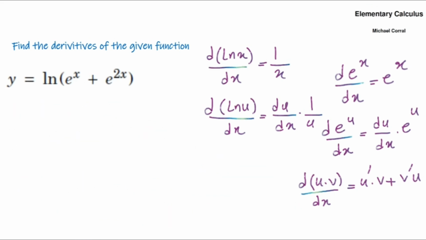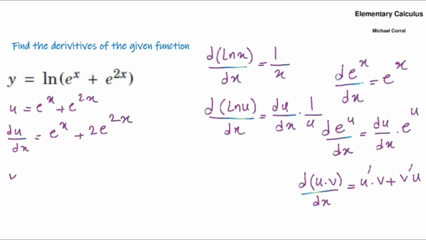And the last function is y equals ln of e to the power of x plus e to the power of 2x. We can assume that u equals e to the power of x plus e to the power of 2x, and the derivative of u equals e to the power of x plus 2 times e to the power of 2x.